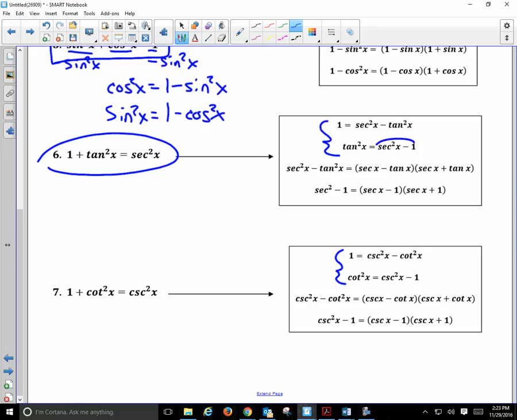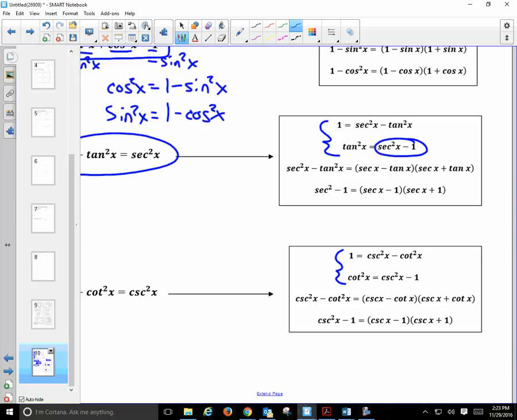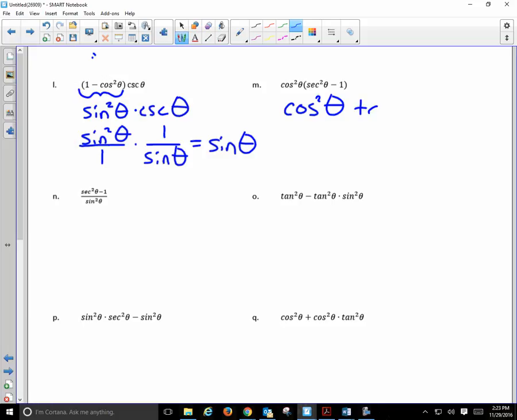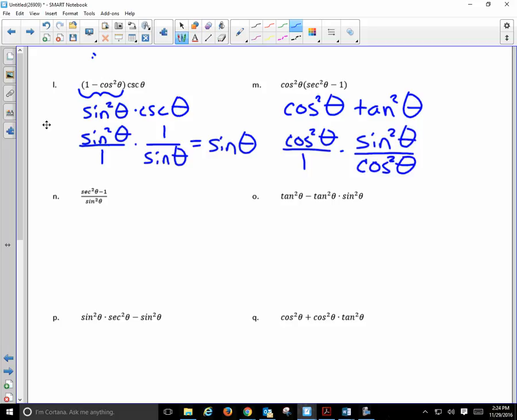And this says secant squared minus 1 is tangent squared. So that's my substitution. So instead of writing that, I write tangent squared. That looks like a problem from yesterday, doesn't it? I don't rewrite cosine squared, but I do rewrite tangent squared. How do you rewrite tangent squared? Sine squared over cosine squared. And as you notice, the cosine squareds will cancel out, leaving a sine squared.